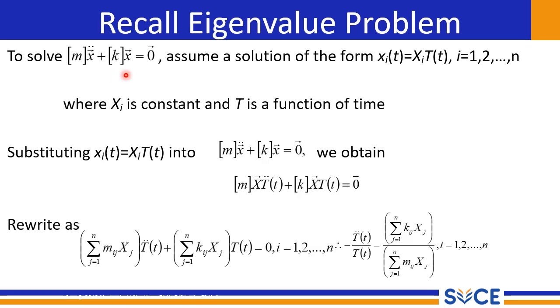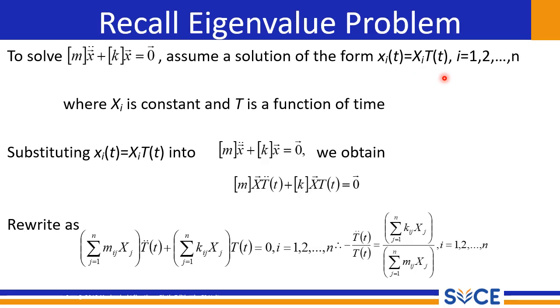function of time t. To find the solution, we are going to make a crucial assumption about the form of x of t. We will assume that each component of the displacement vector, let's call it x i of t, can be expressed as the product of a constant vector X i and a scalar function of time T of t.